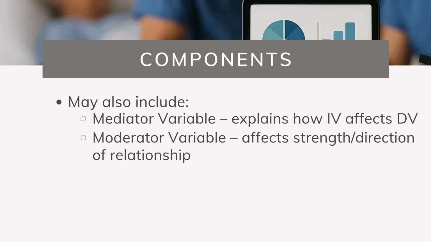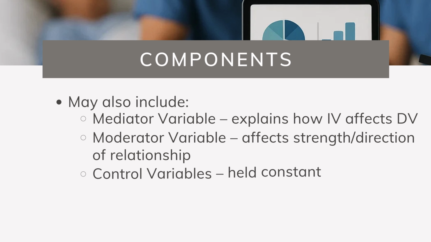For students with stable internet, the effect might be positive. For those without a stable internet connection, it could be negligible or even negative. Moderators help you explore for whom or under what conditions the independent variable has an effect.